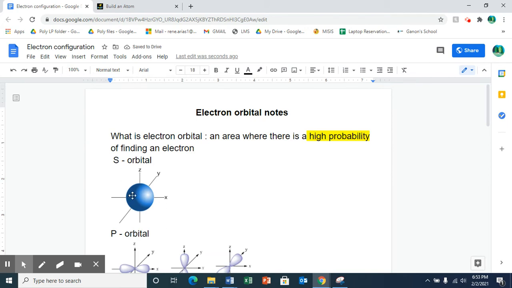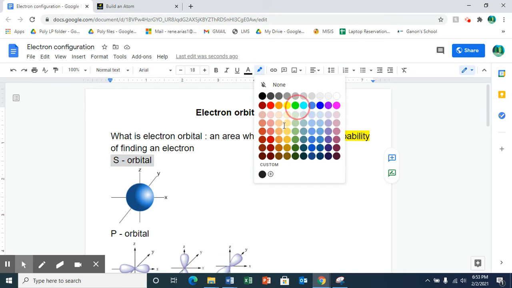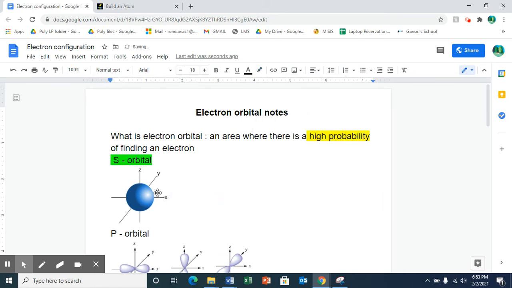Okay, so let's go on to our first one, which is our s orbitals. S orbitals have a round, spherical shape, like a ball, and it only has what we call one configuration. If I were to spin this around, it would still be the same shape, right? Another thing to mention is that electrons can have two types of spins. They can have up spins.